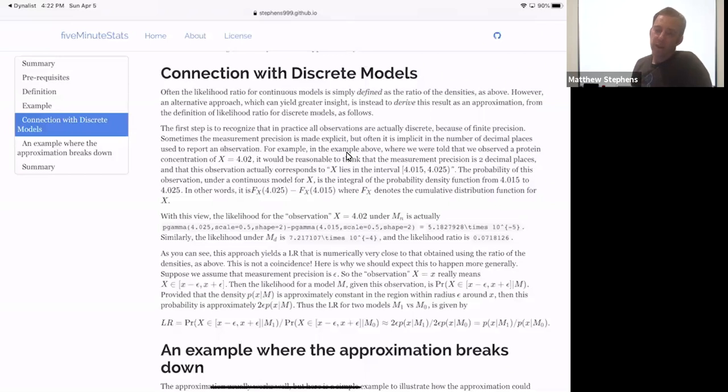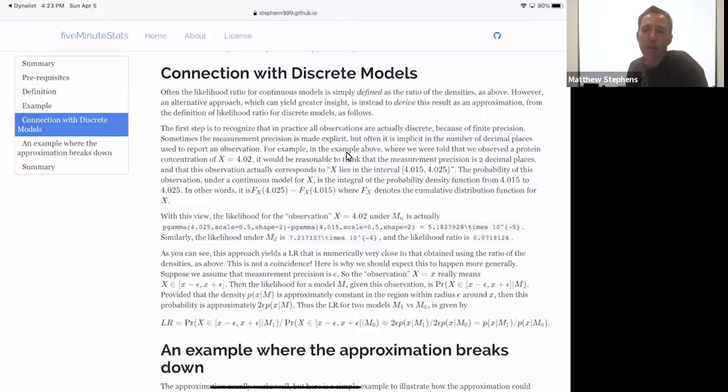So the way I like to think about this is that when I see a concentration of 4.02, I didn't really observe it to be exactly 4.02. There's probably some level of precision associated with that measurement. So maybe it would be reasonable to think that the protein level actually lies somewhere between 4.015 and 4.025, just because it was given to 2 decimal places.